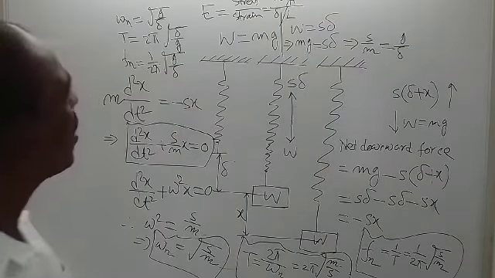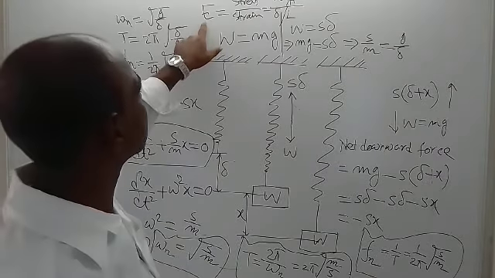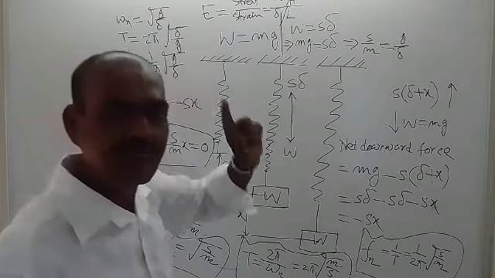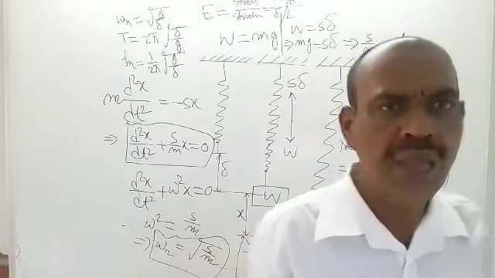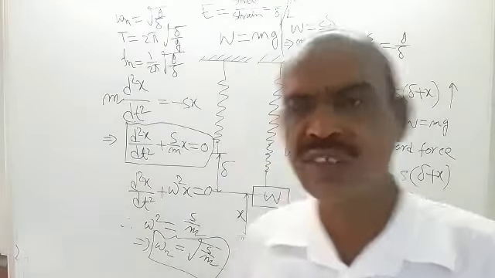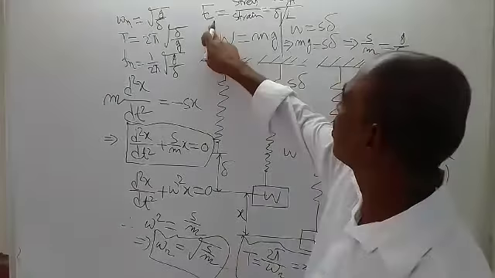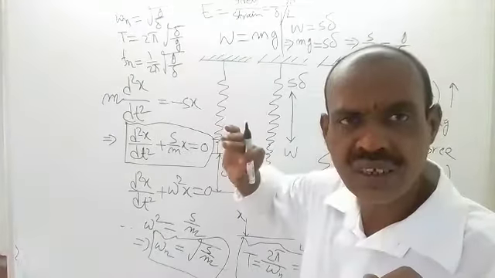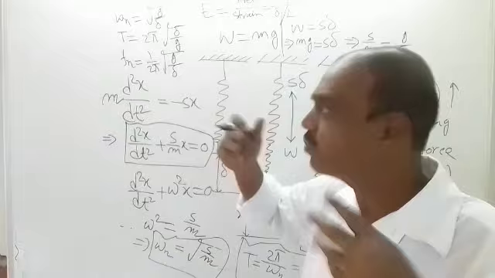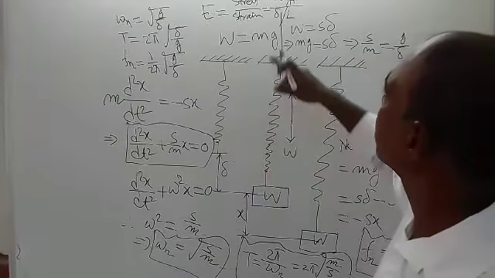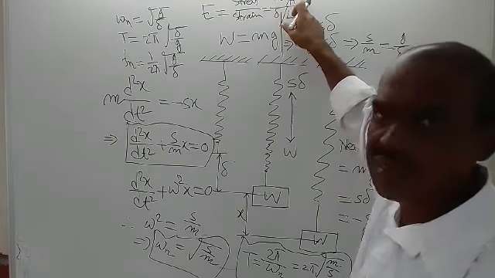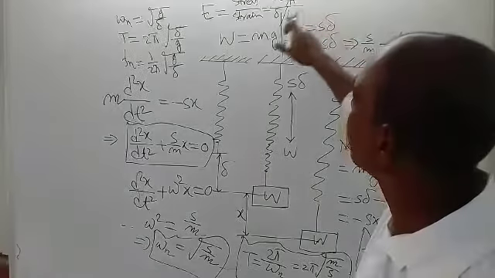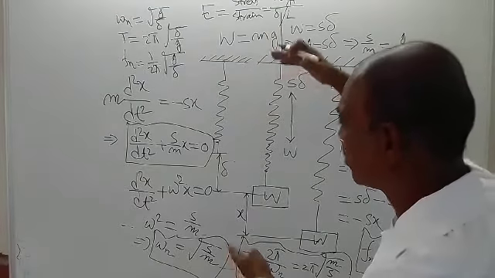So Young's modulus is a property of the material by which the spring is made, and it can be obtained from the literature. W is the weight, A is the cross-sectional area of the spring, delta is the deflection, and L is the original length.